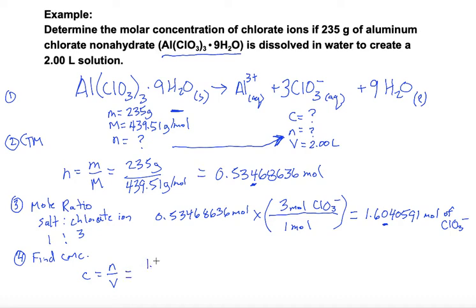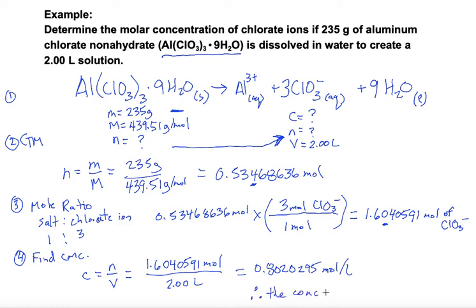So we've got 1.6040591 moles divided by 2.0 liters, and that is going to give us on our calculator 0.8020295 moles per liter.